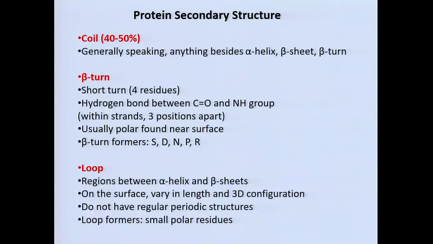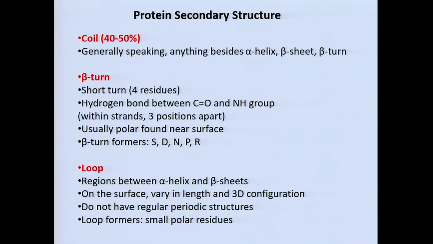And coil, about 40 to 50%. Generally speaking, anything besides alpha helices and beta sheets is coil. Okay, and beta turns are very short turns with N plus 3 hydrogen bonding.